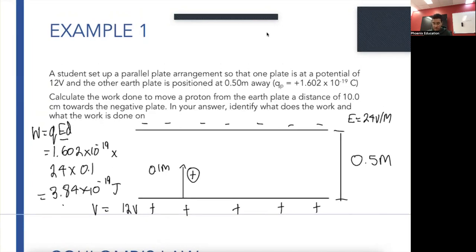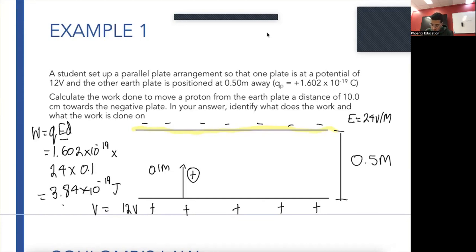So essentially what's happening is that this negatively charged plate, this highlighted plate over here, is attracting this proton. So what's doing the work is that this field or this plate is doing the work in attracting the proton towards it. So what you would write in your answer is what does the work is the electric field or the plates, the two setup plates, does work on the proton.